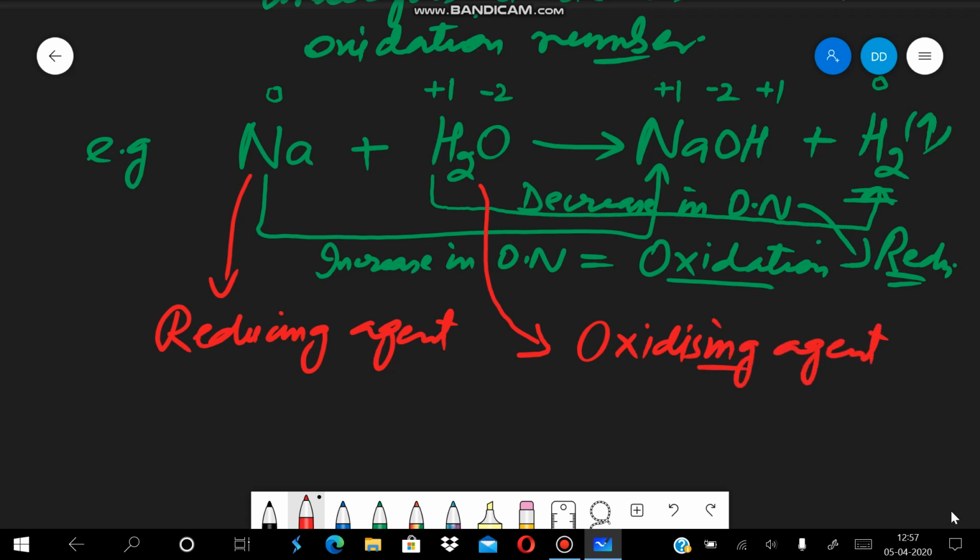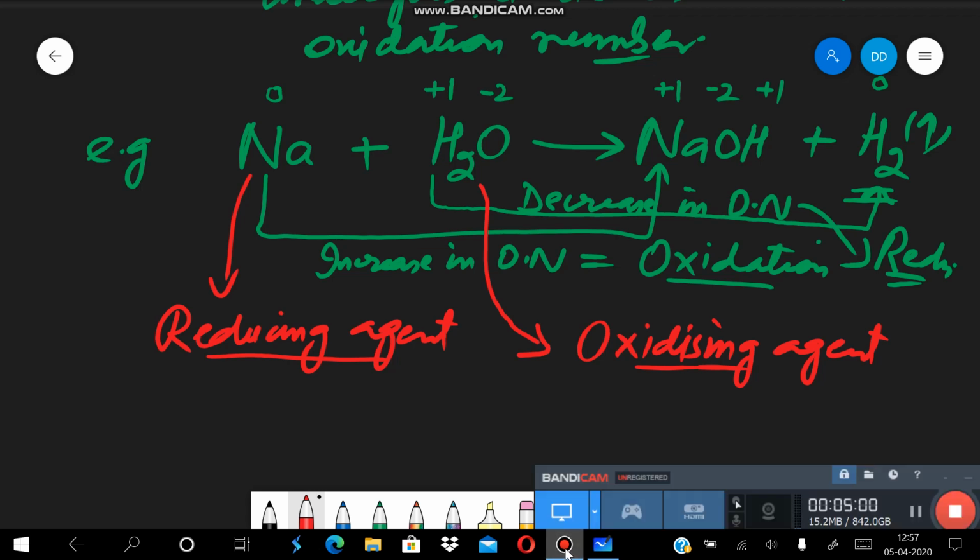So sodium is the reducing agent in this reaction and water acts as oxidizing agent. So in a similar way, in any chemical reaction, we can find which substance is undergoing oxidation and which substance is undergoing reduction. Now, in order to explain this concept further, I will take some more examples.